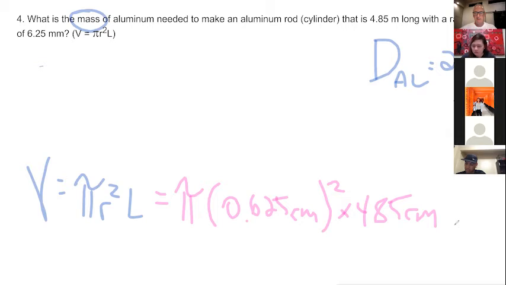Would it be 595 centimeters cubed? Let me double check. Times 0.625 times 485. Yep, I got 595.184.